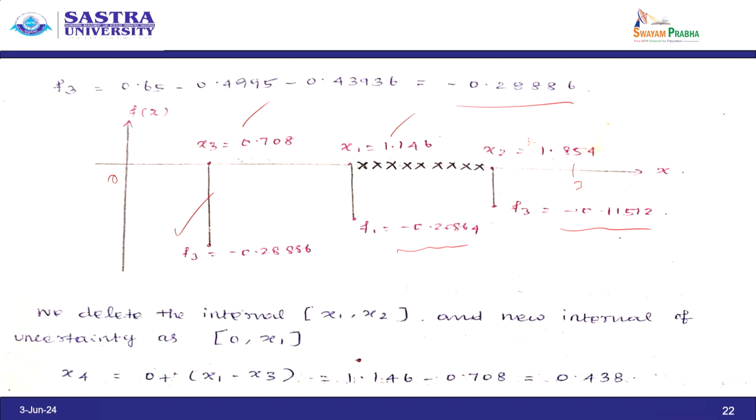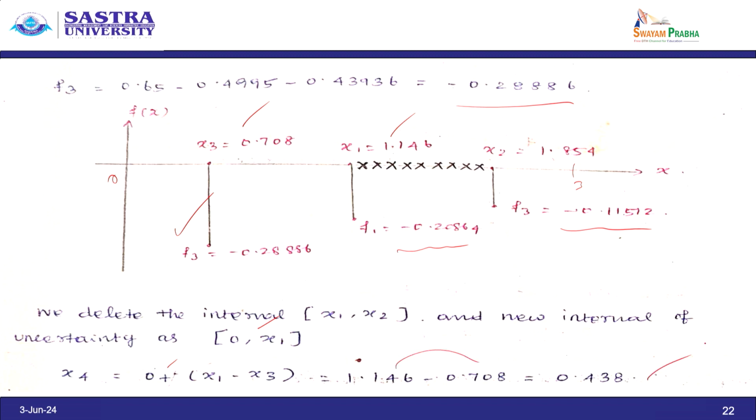Therefore, we delete the interval x1 to x2. So, the new interval is 0 to x1. x4 equal to lower limit 0 plus x1 minus x3, equal to 1.146 minus 0.708.